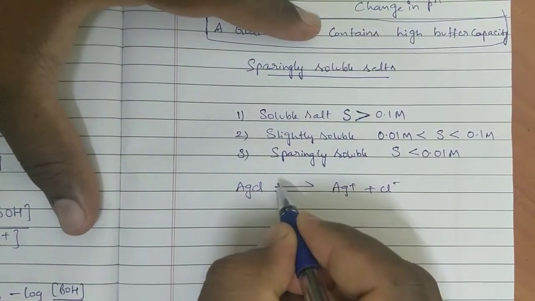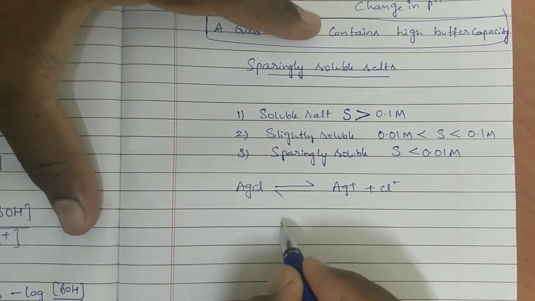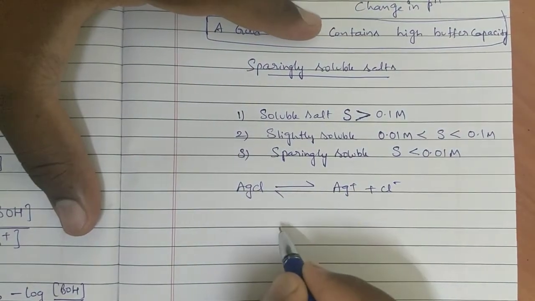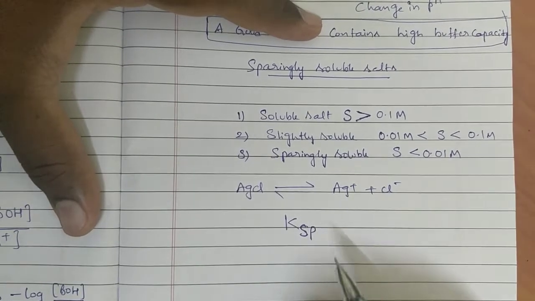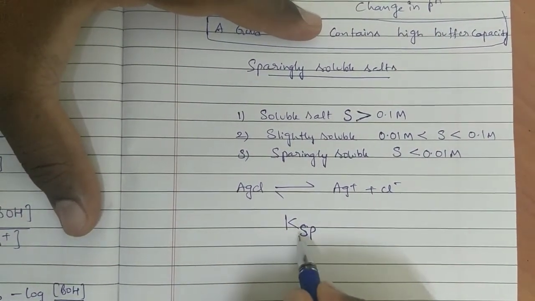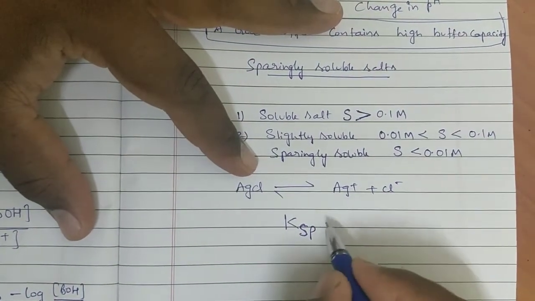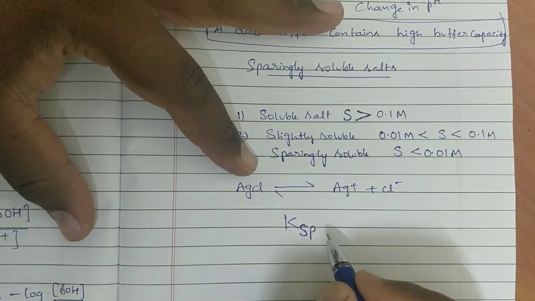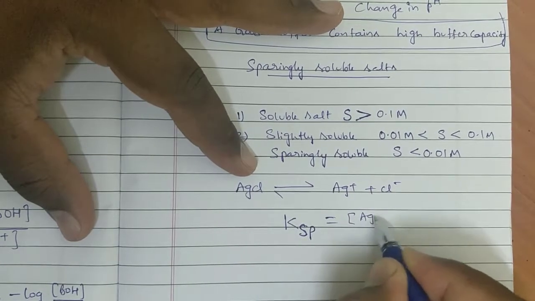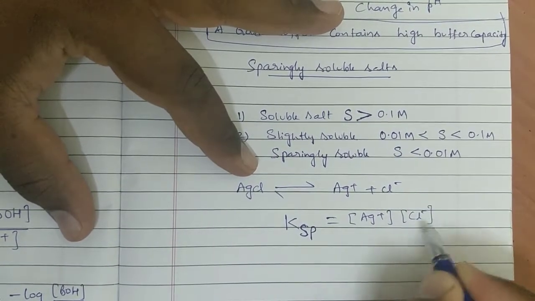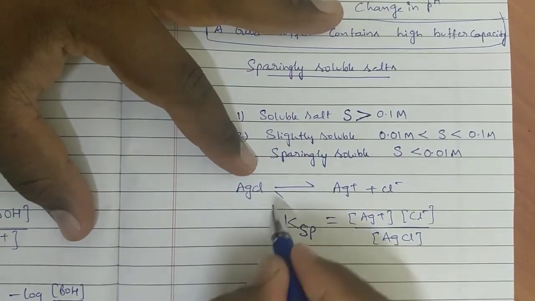Now apply: AgCl plus water, or directly AgCl gives rise to Ag plus and Cl minus. If you write water here, I am applying Kc; otherwise here directly KSP. What is KSP? The constant for solubility, that means the solubility product. KSP is equal to the concentration of Ag plus into the concentration of Cl minus divided by the concentration of AgCl solid.